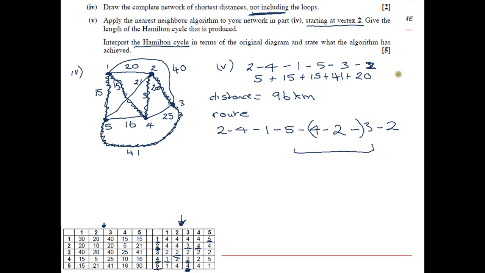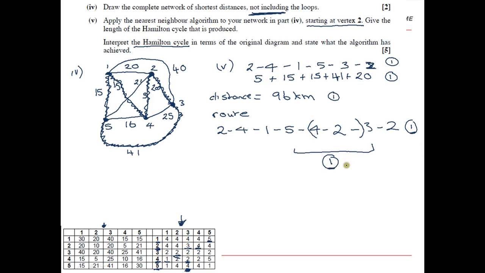So for 5 marks there were, in this one, 1 mark for getting the distance, there was a mark for interpreting the route, and there was a mark for getting the initial route, 1 here, and then 1 additional mark for getting that interpretation correct. So you got 1 mark here for getting a route that had some interpretation, and 1 mark if you got the correct interpretation.